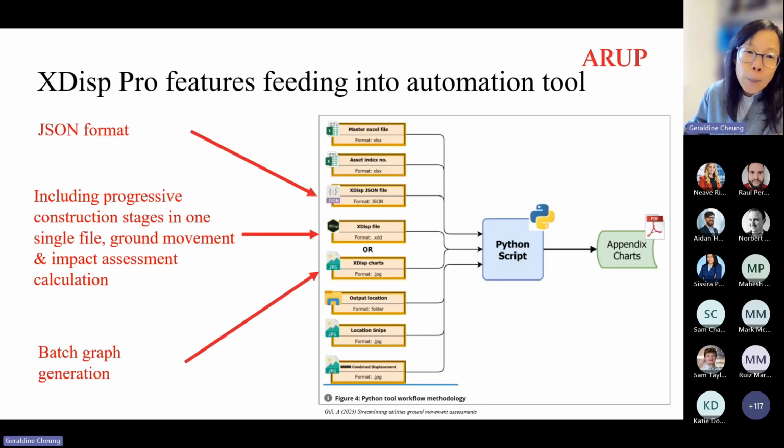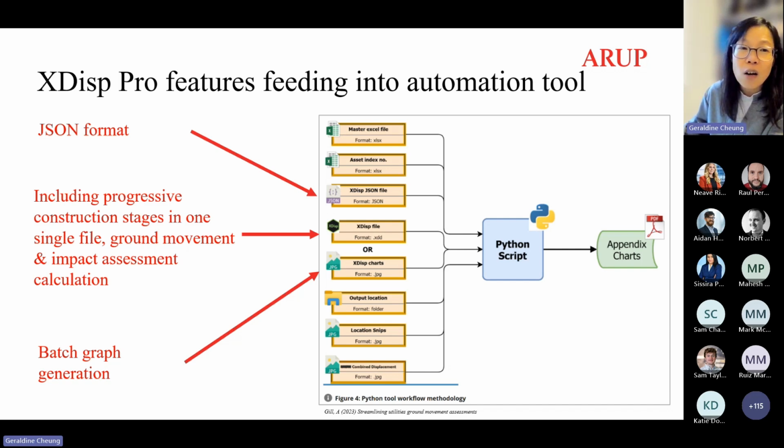In the key paper, there is a diagram showing that the main thing in the automation is the development of a Python script. But what I can flag up here are the different XDisp functions that help us link into that Python script so that the automation tool can be completed.